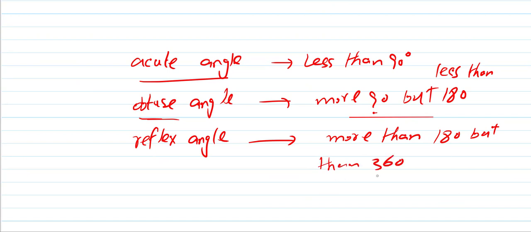Between 180 and 360, we call it the reflex angle. Usually, for example, an acute angle looks like this one. This is an acute angle. An obtuse angle will be like this one because it will be more than 90 degrees. And the reflex angle will be like this one. For example, if you say this angle, okay, and there is also what is called a straight angle.